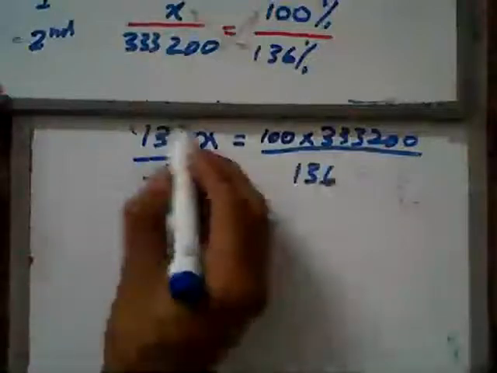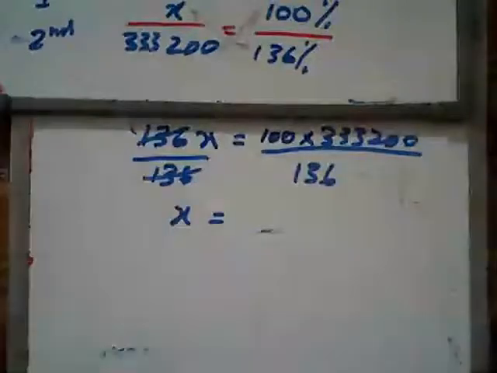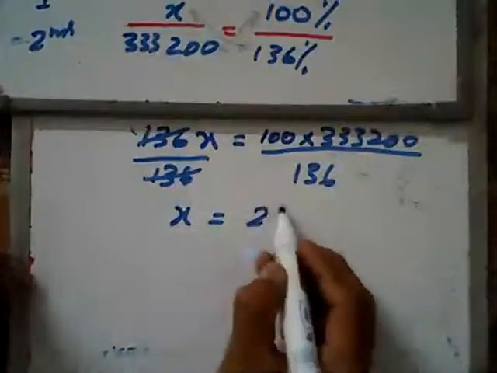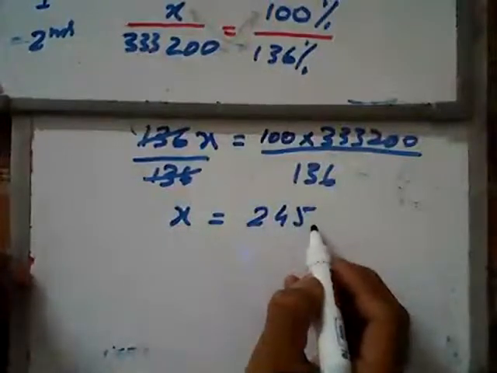So we simplify this and get, it is 1 multiplied by 333,200, and then divided by 136 is equal to 245,000.